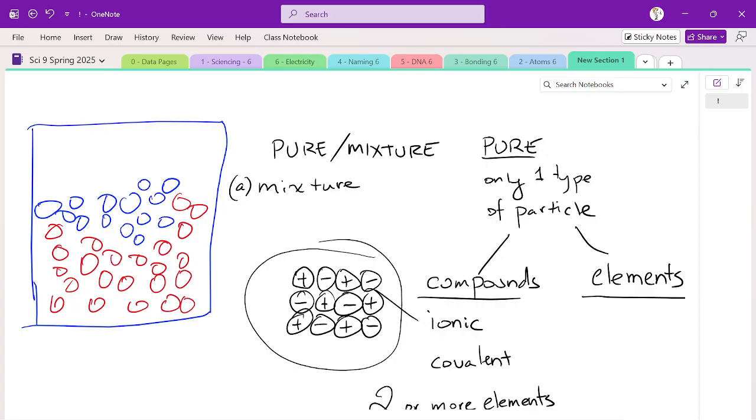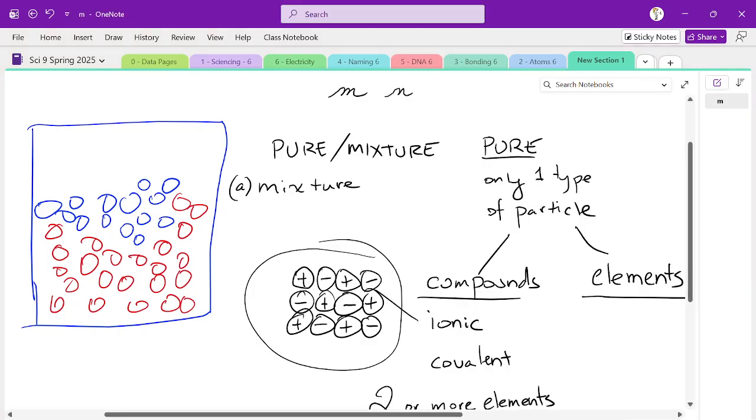And then a mixture, because back in the day we used to do cursive writing, and an M was like this, and this was an N. So for an M, we take 3 fingers and curl them over our thumb. So you either have a mixture or a pure substance.